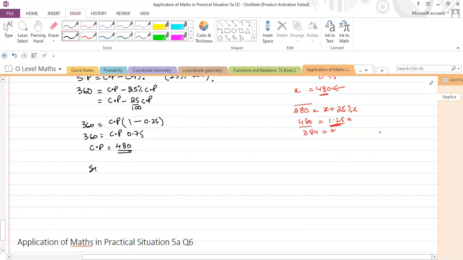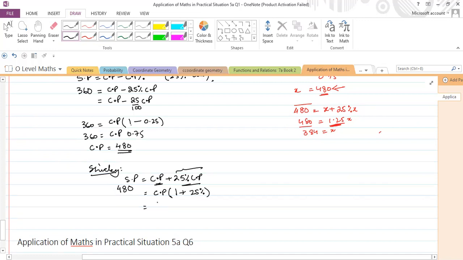So we say Shirley's transaction now. Her selling price was cost price plus 25% of the cost price. This was the profit part. But we do not know her cost price, so we take cost price as common. So in this place, 1 is remaining, and here we get 25%.